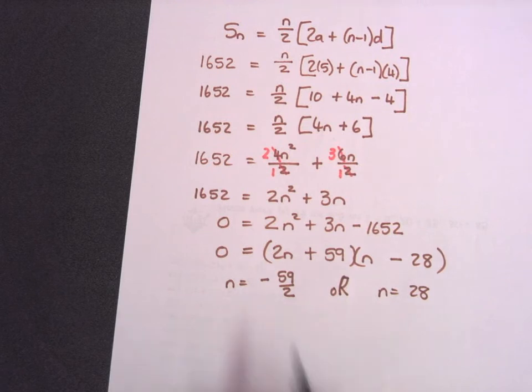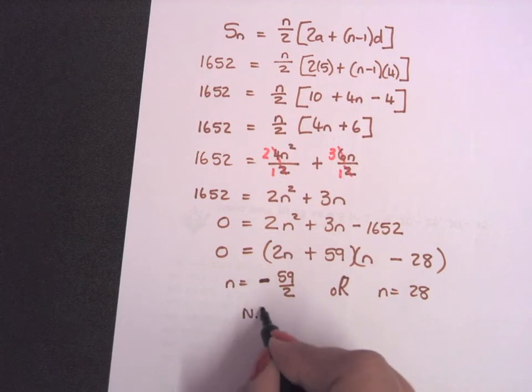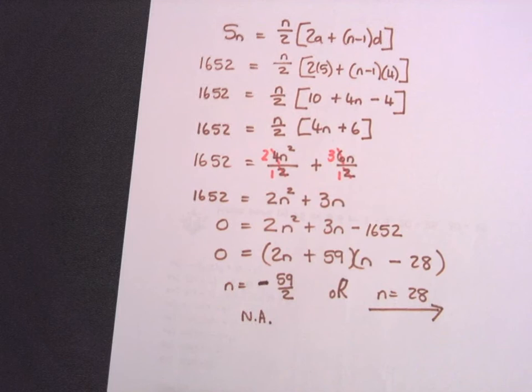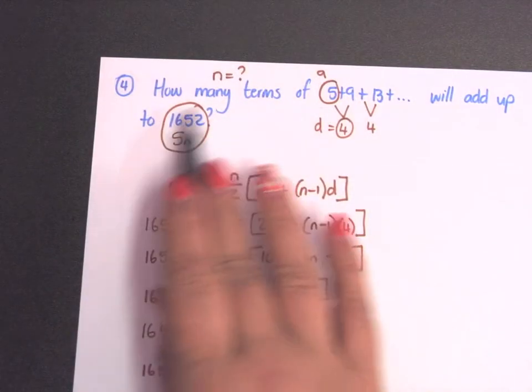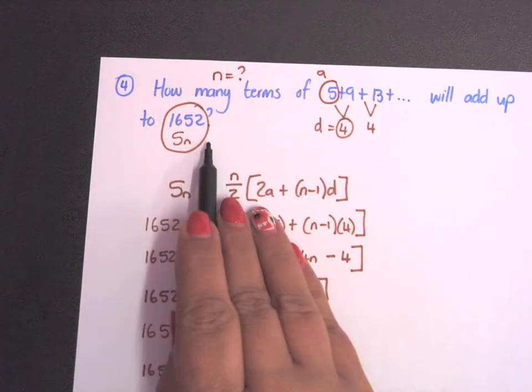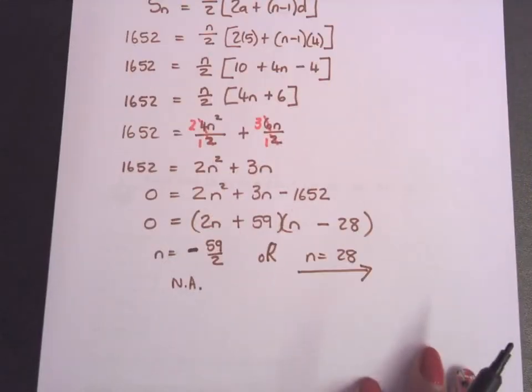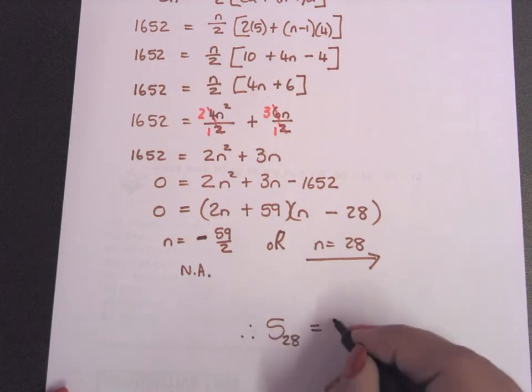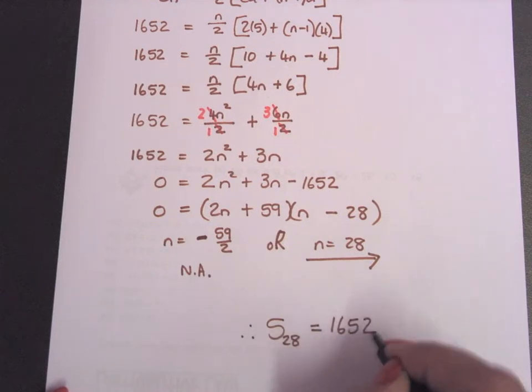We can't have a negative position in our sequence, so this is not applicable. My answer is only 28. I wanted to know how many terms will add up to 1652. Answer the question. Therefore, 28 terms will add up to 1652.